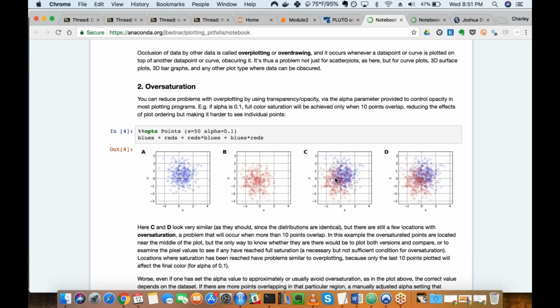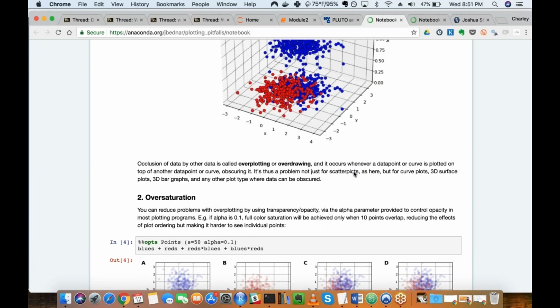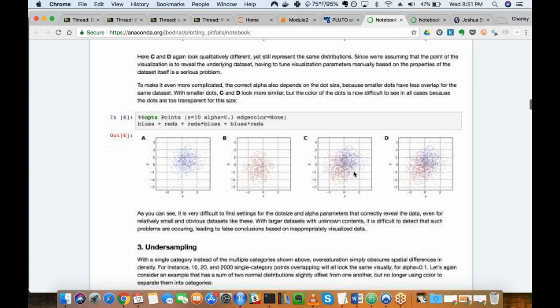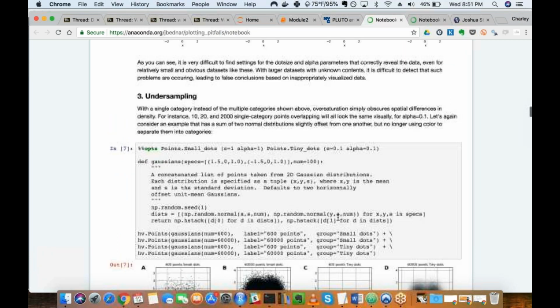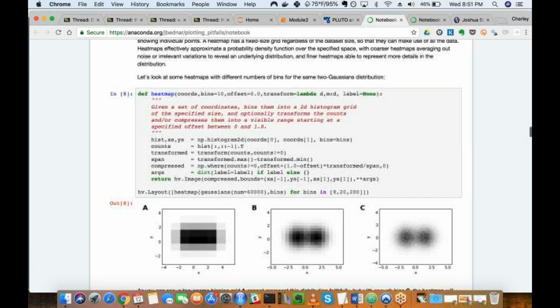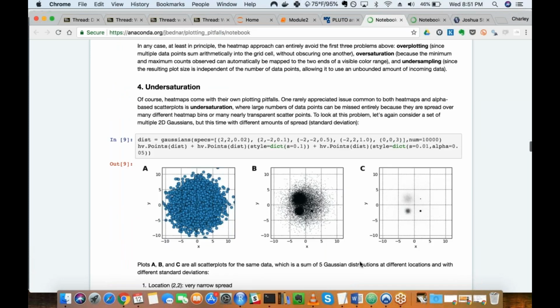But this is a bit more purple, this is a bit more red, so it's still not entirely truthful in terms of what the underlying data is. And similarly for making the data pinpricks, you lose some information, and it's harder to see the individual points. This goes through a bunch of these sorts of pitfalls.